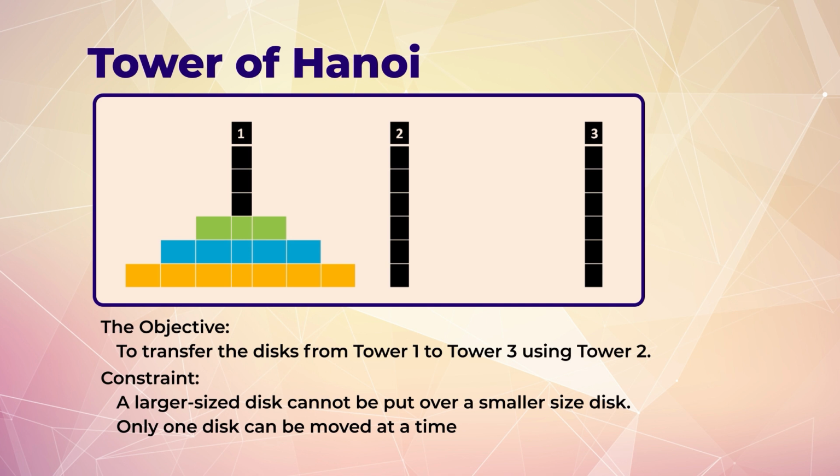The yellow disk is the largest, blue is next, and the top is the green disk, which is the smallest. When we move the disks, we need to make sure that the blue disk cannot be kept on top of the green disk. Similarly, the yellow disk cannot be kept on top of the green or blue disk. This is the basic constraint as far as Tower of Hanoi is concerned.